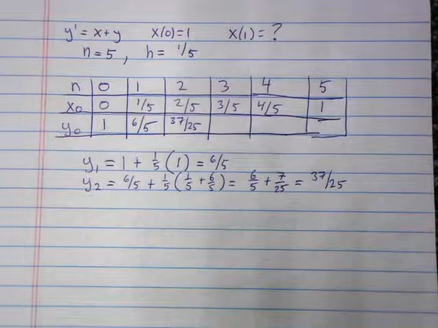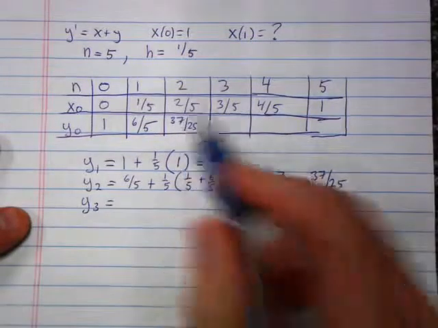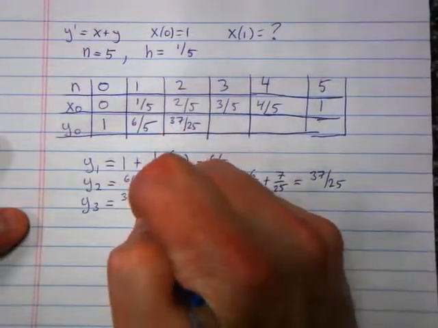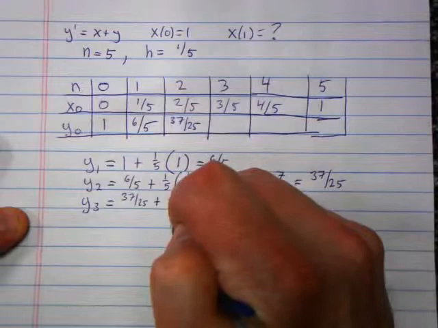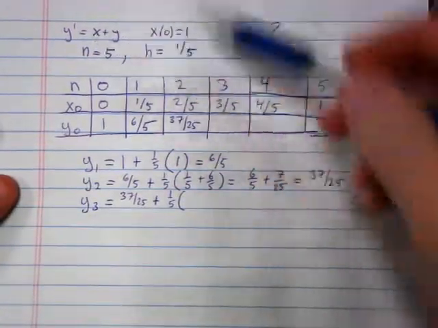It's going to get ugly. Y3 is: we take our answer, 37 over 25, and add 1/5 times x plus y, because that's our equation. X plus y is 2/5 plus 37 over 25.